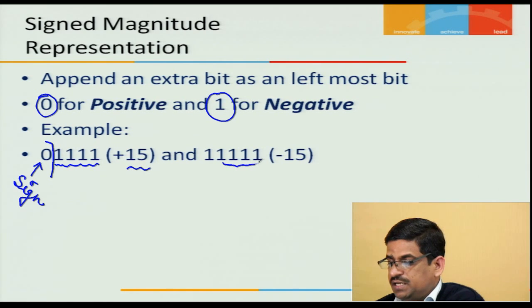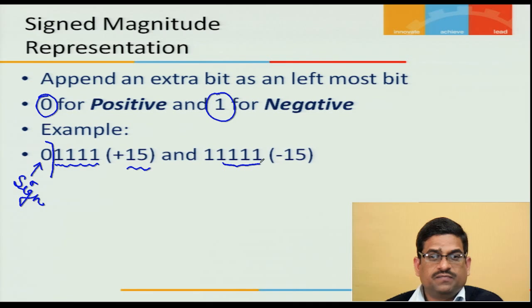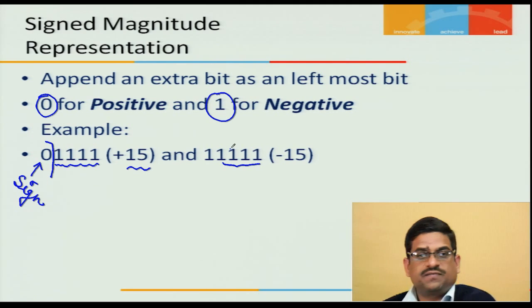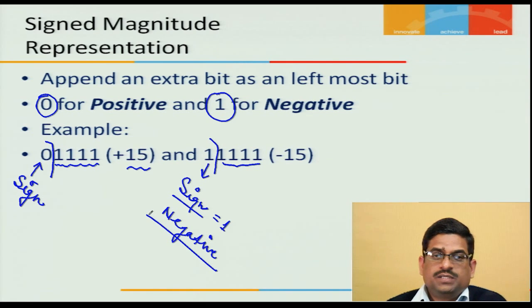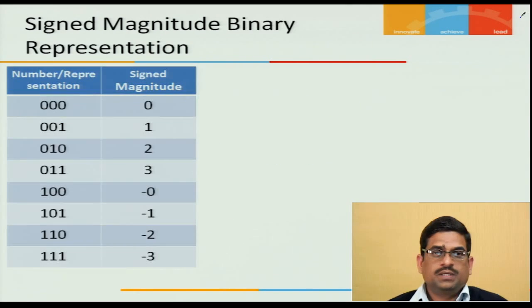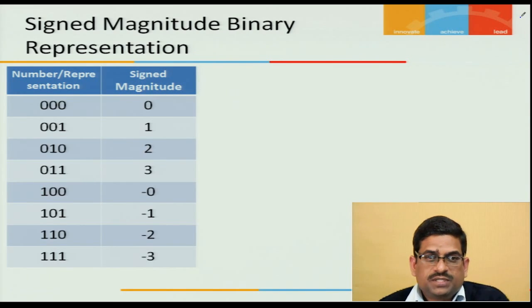Similarly here the rightmost 4 bits give the value, which is again 15 because 1 1 1 1, four ones, is 15, and the sign bit here is 1, so the number is negative. This representation is fine: 1 extra bit is required, and I can represent positive as well as negative numbers.